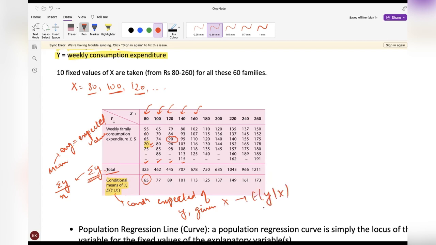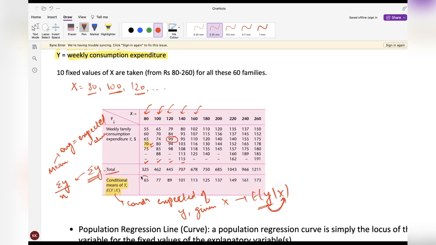Why is that the case? Because in this case, the average of Y, the mean of Y, is dependent on our X. The average of our weekly consumption expenditure depends on the weekly income of the families, right?